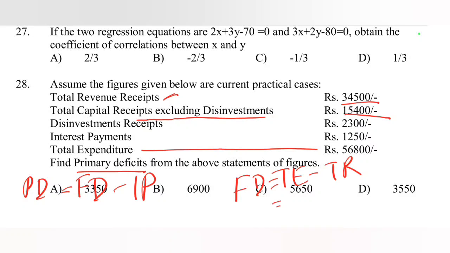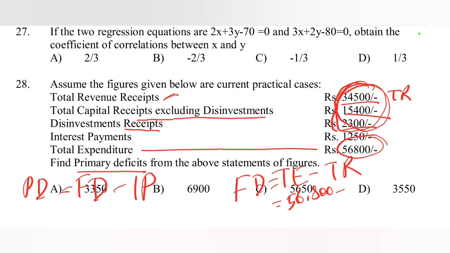The last one is disinvestment receipt, equal to 2,300. The summation of all these receipts is called total receipt. Total expenditure is 56,800, minus the total receipt value, the sum of 34,500, 15,400 and 2,300, which is 52,200.